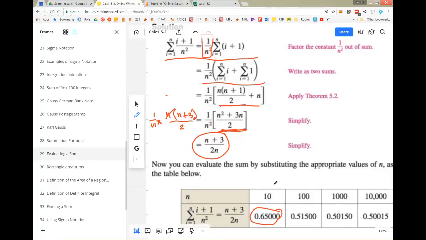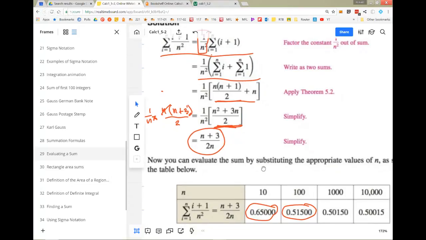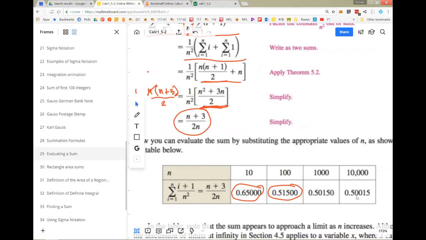Plug in 100: 103 on the top, 200 on the bottom. By doing the algebra ahead of time, we can make these sums fairly straightforward. I don't know if you noticed, but they seem to be getting closer and closer to 0.5, to 1/2.